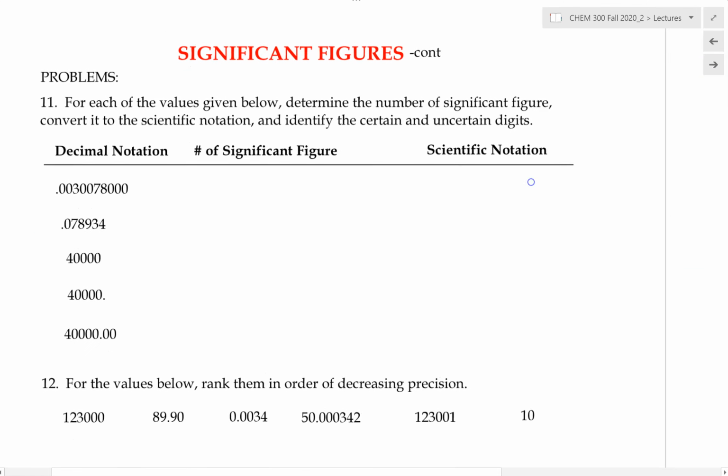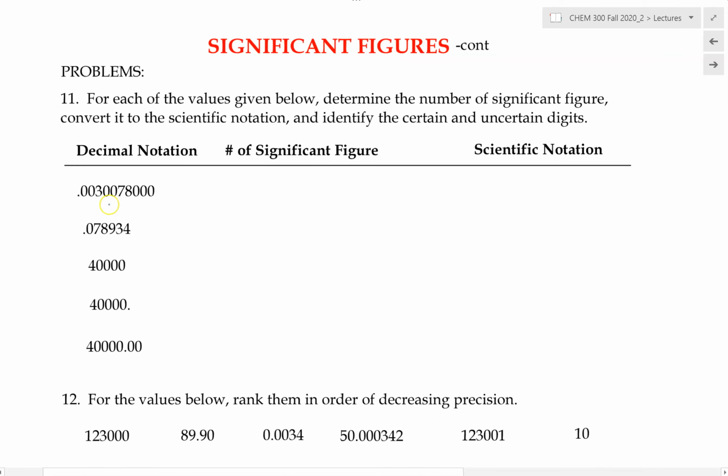And now let's try some of the practice problems right here. So given this following decimal number, determine how many significant figures they have, and then convert them into the appropriate scientific notations. So let's give this one a try. So here in this case, this is the example that we have seen already. So this value has 1, 2, 3, 4, 5, 6, 7, 8 significant figures.